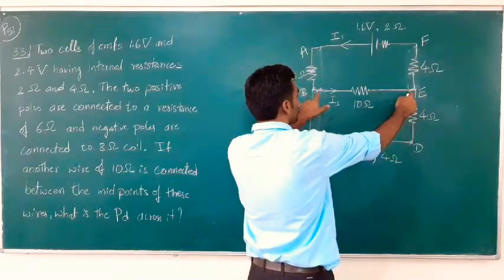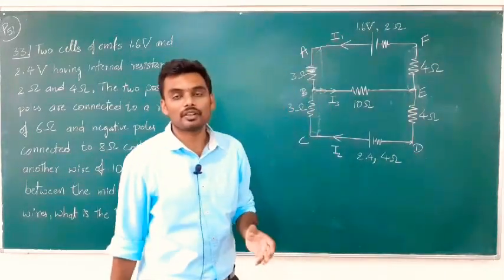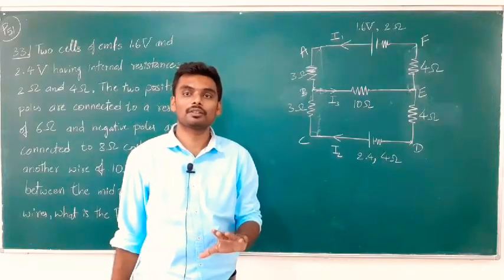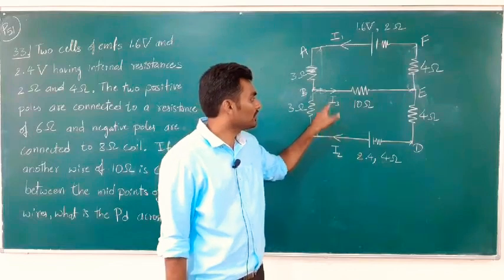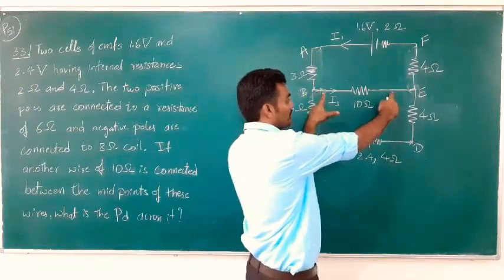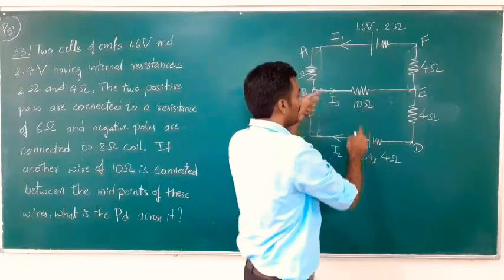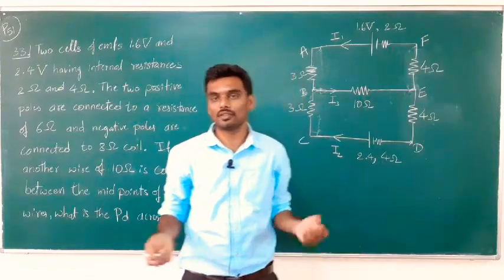So, we need to find the potential difference across this resistor. Once again, this is not the simple case, okay. You cannot make use of combination of cells to get the current I3, because what we need is the voltage across this. So, we have the resistance. If I get the current through that, I can easily get the voltage V is equal to IR.